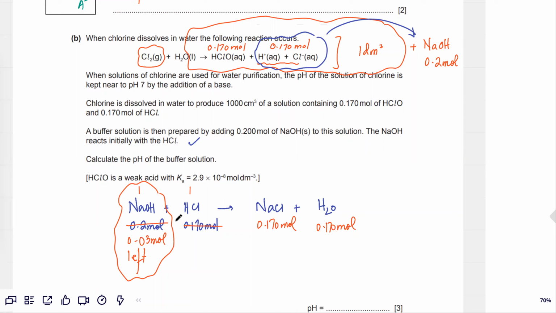And then he says the NaOH reacts initially with the HCl. So it has obviously reacted with the HCl. Now moving forward, this one is also an acid. HClO is an acid.